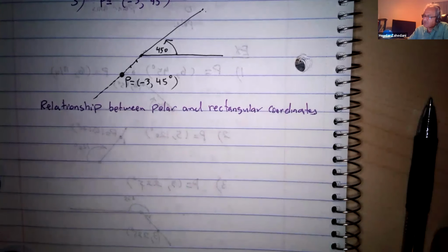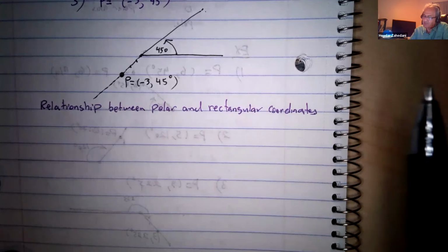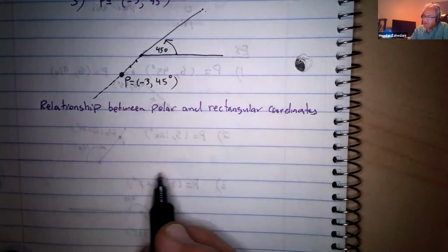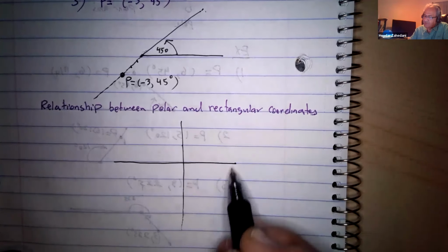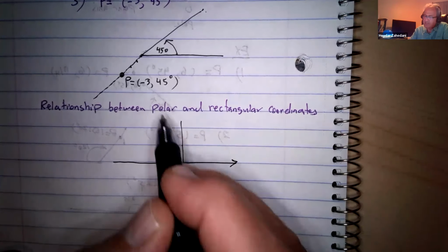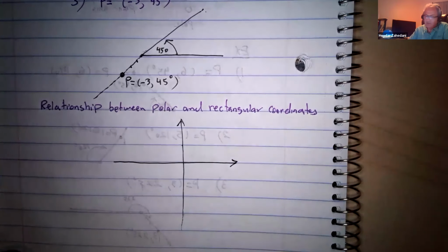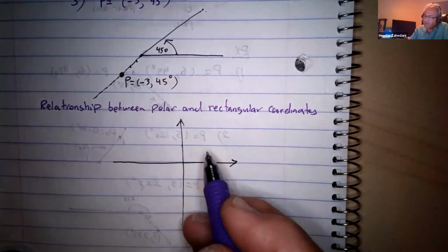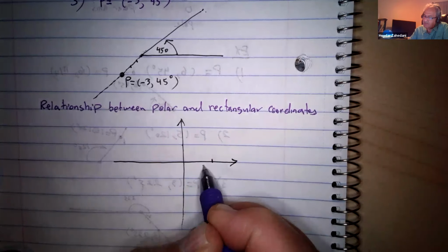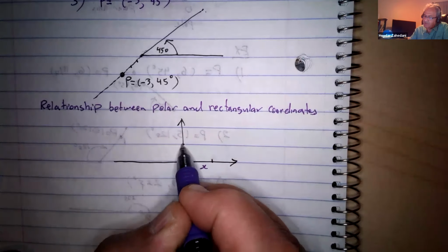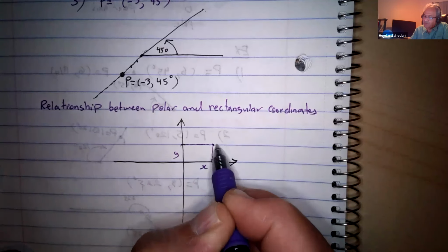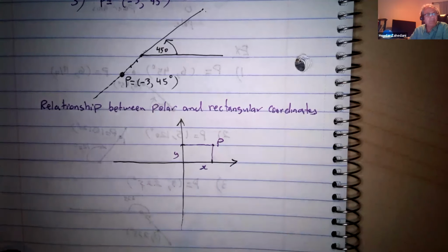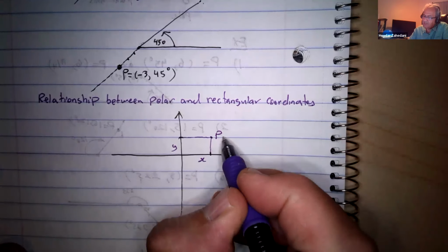So the situation that we're going to have is, if you consider a point, suppose this is the XY system that we have, and then you pick a point. Suppose this is X, and suppose this is Y. So the point P is here in the XY coordinate.